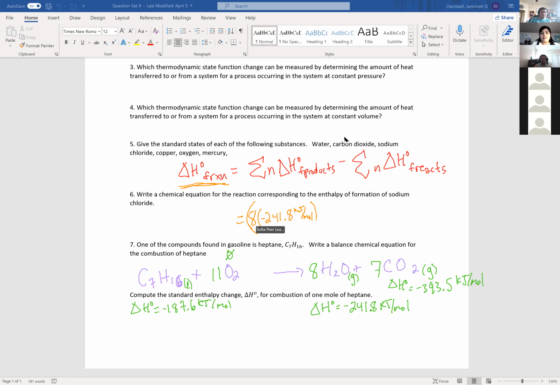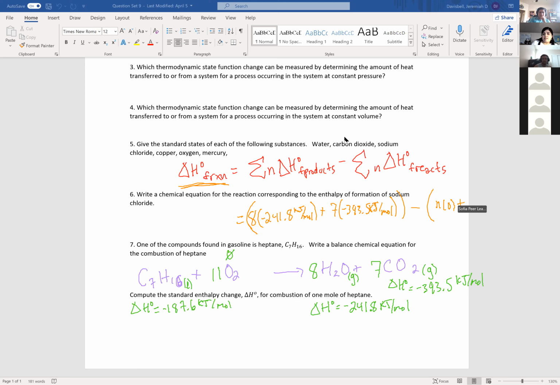Plus 7 times negative 393.5 kilojoules. Okay, and then we have minus 11 times 0, right? That one's easy.